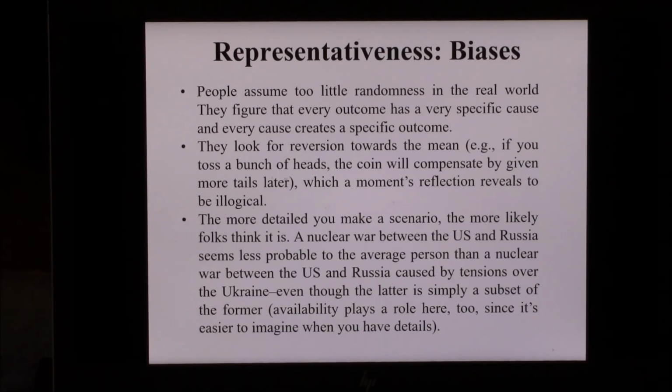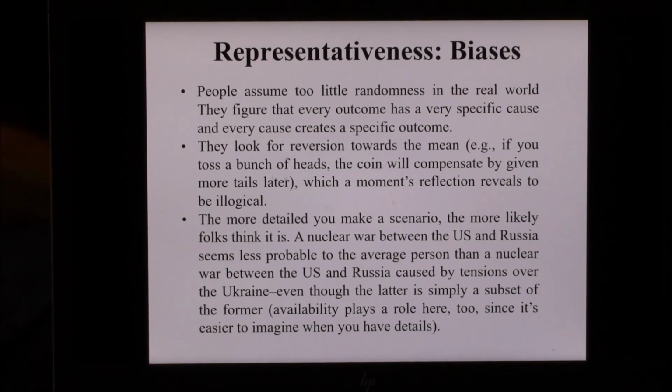But notice it's easier to imagine, so availability plays a role here too. With the more detailed scenario, you begin to think that those causes could certainly cause that outcome. The cause is the tensions over the Ukraine, and the outcome is the nuclear war.